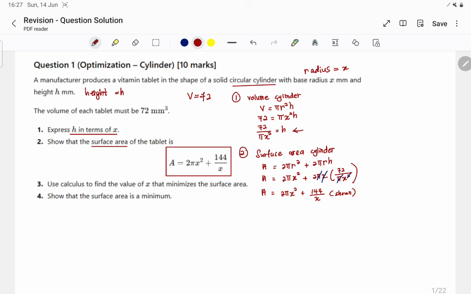Now the next question asks us to use calculus to find the value of x that minimizes the surface area. When they mention the word minimize, we have to remember to differentiate dA with respect of x, because we want to find the value of x, and let it become 0.